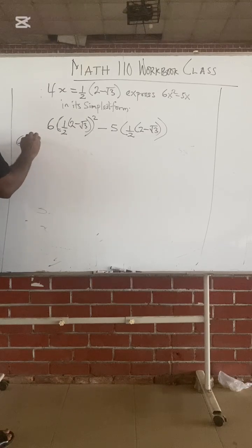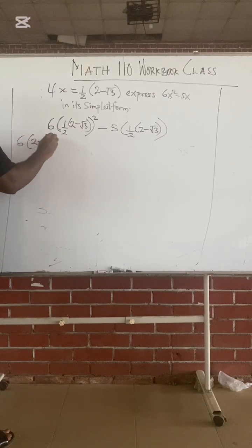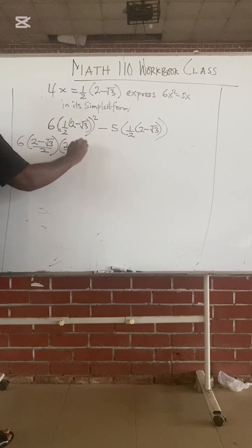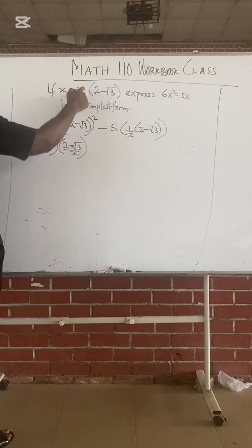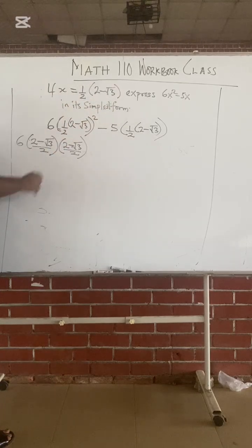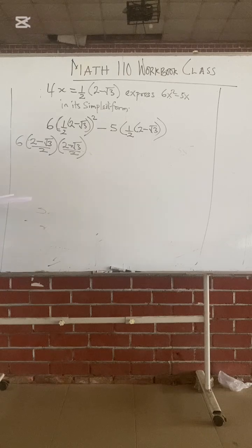Do you agree? That 1 over 2 minus root 3 can be written as 2 minus root 3 divided by 2. 1 is the easiest person to let go, but 1 does not change anything. 1 times 2 is still 2. 1 times 3 is still 3.